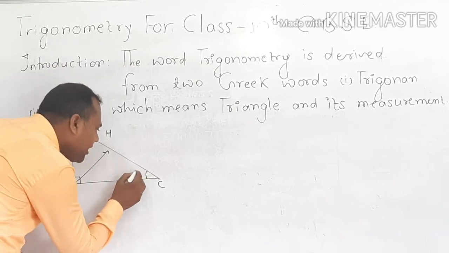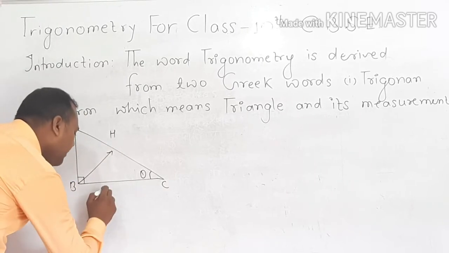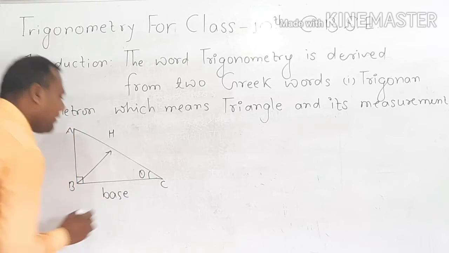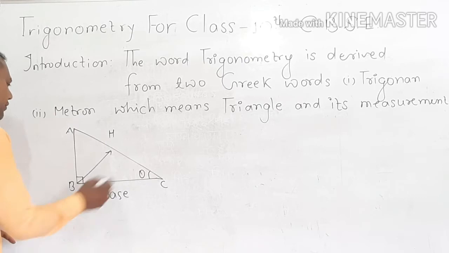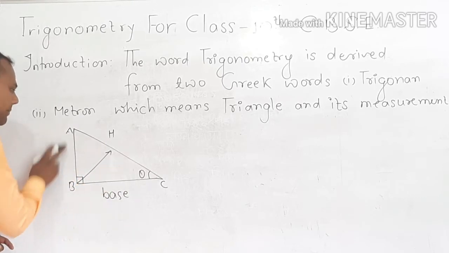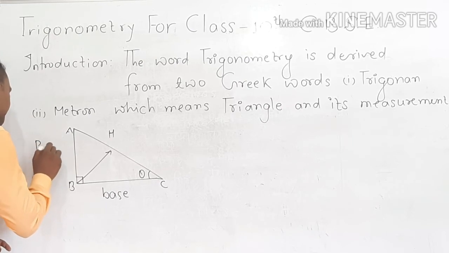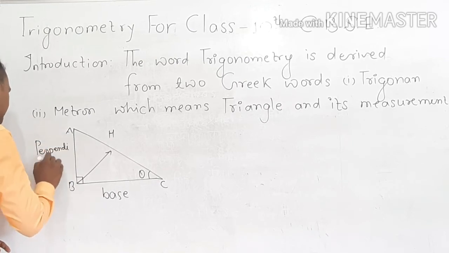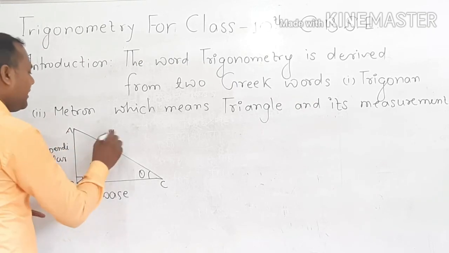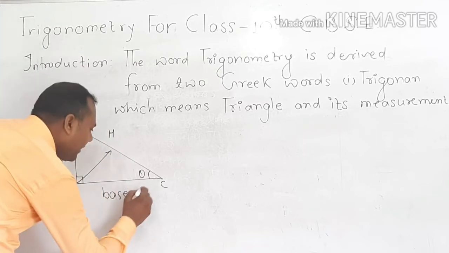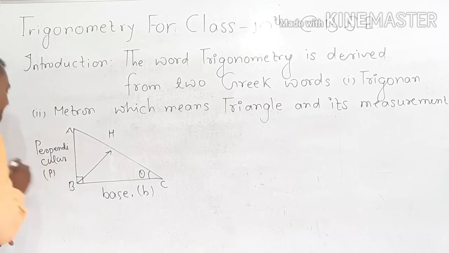If we take theta as an acute angle, then this side BC will be the base of the triangle, and this side AB is the perpendicular. And this side is called hypotenuse. It is denoted by H, the base is denoted by B, and the perpendicular is denoted by P.